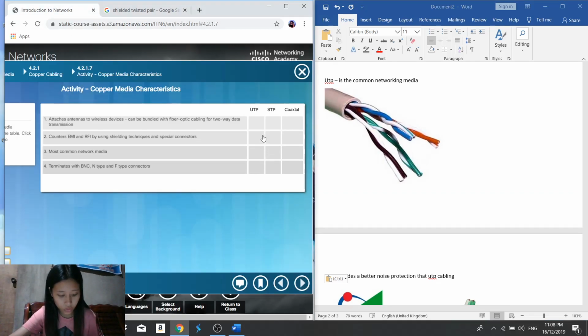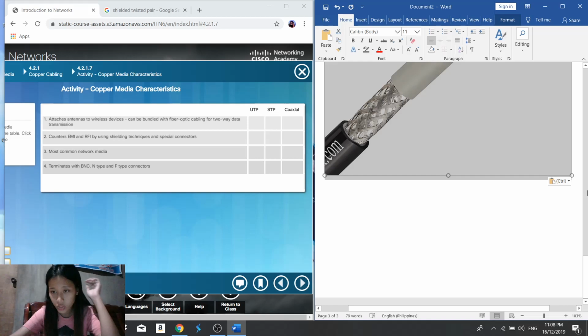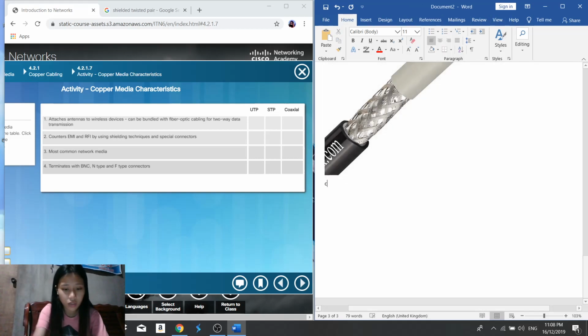Then for the coaxial cable, or coax, it gets its name from the fact that there are two conductors that share the same axis.